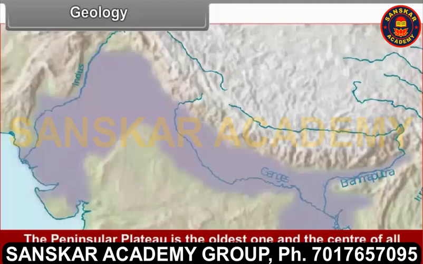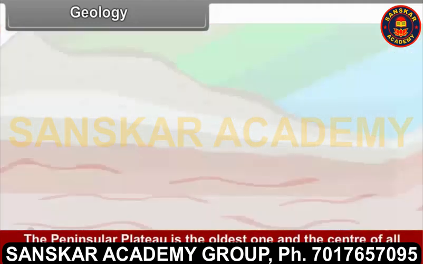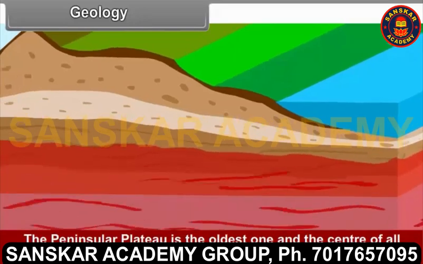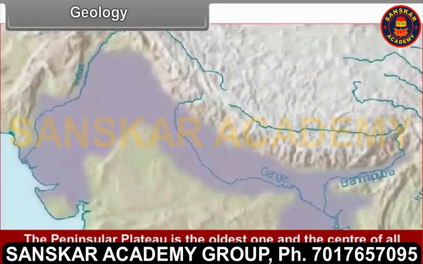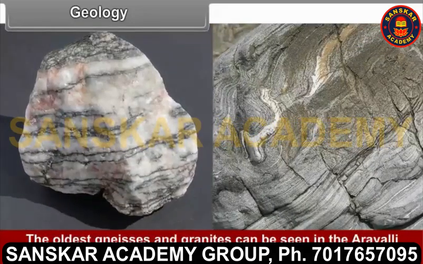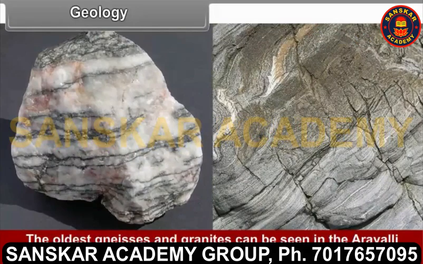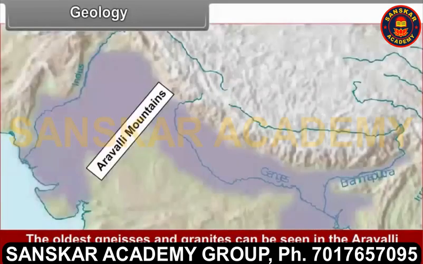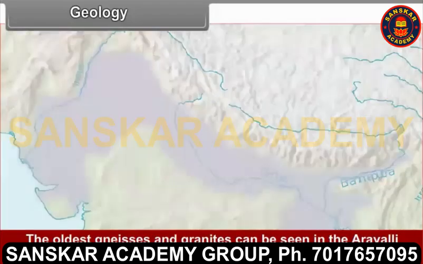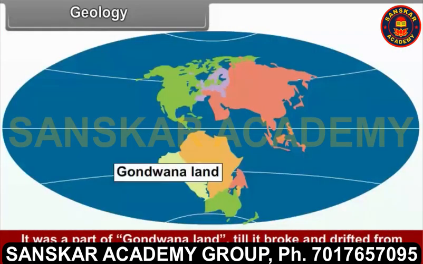The Peninsular Plateau is the oldest one and the center of all geological activities which took place in and around it. The oldest gneiss and granites can be seen in the Aravalli Mountains. It was a part of Gondwanaland till it broke and drifted from the southern landmasses.